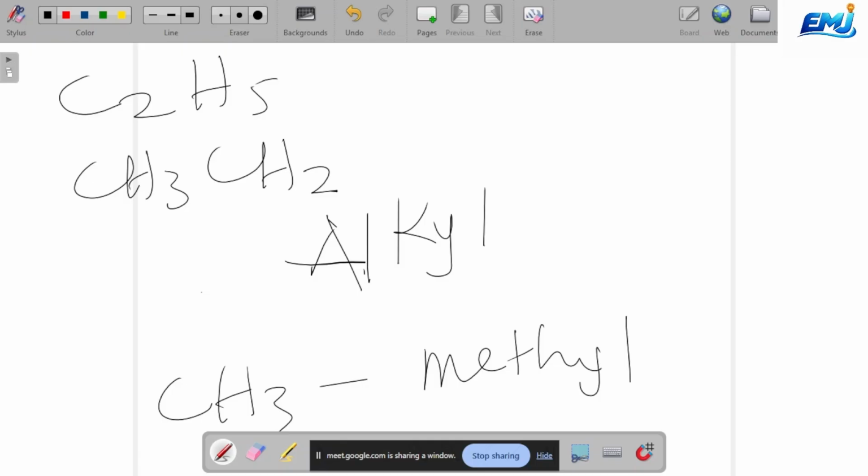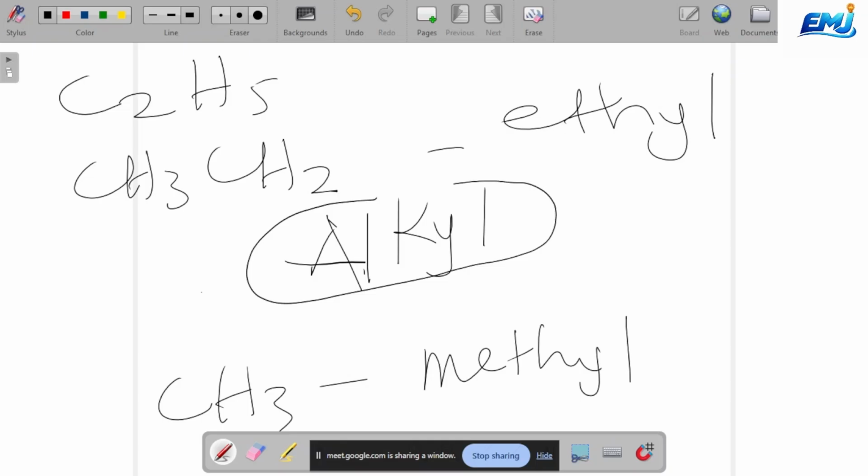How many C do you have? 2. How many H? 5. Do you get? Yes. So this is called an ethyl. So that's why we have that general name for them, alkyl. That's why they are generally referred to as alkyl.